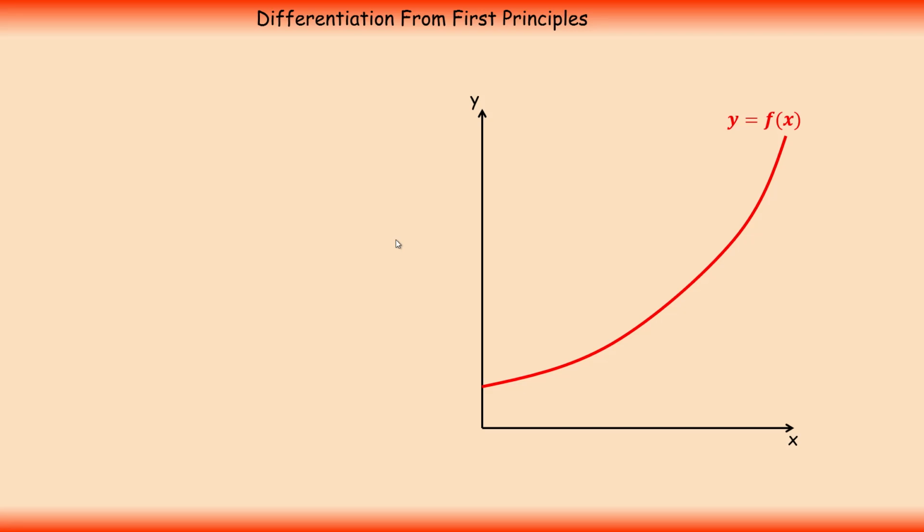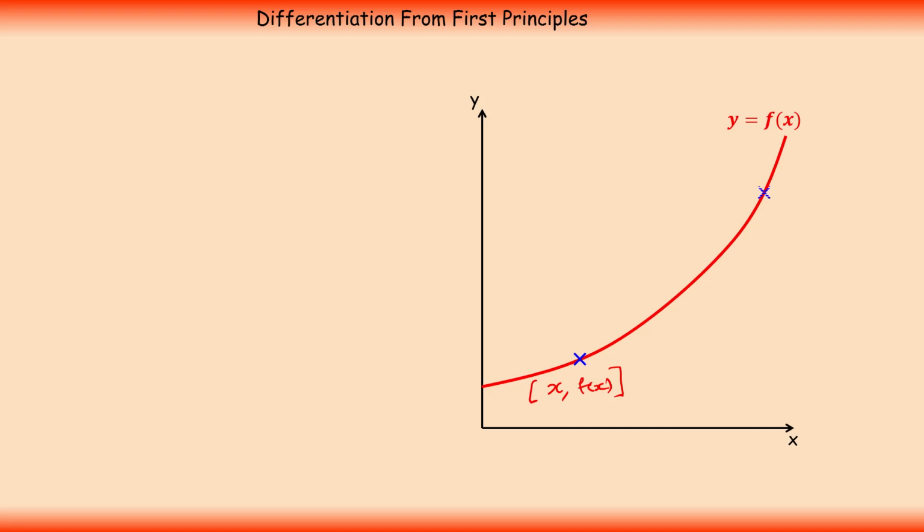So in order to find the gradient of this curve, y equals f of x, what we do is we take 2 points on the curve. The first one here we're going to call (x, y), or x and f of x. I think you know why I'm calling it f of x, because you have differentiated before from first principles.